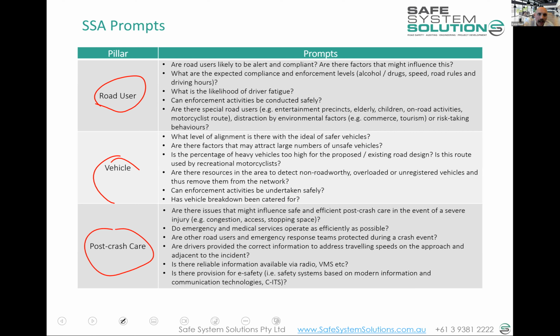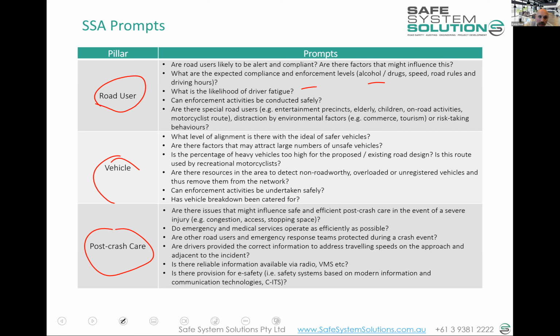So the questions are: are road users likely to be alert and compliant, and are there factors that might influence this? So, you know, are we talking about a road out in the middle of nowhere, or a very urban environment? What are the expected compliance and enforcement levels? Alcohol, drug, speed, road rules?